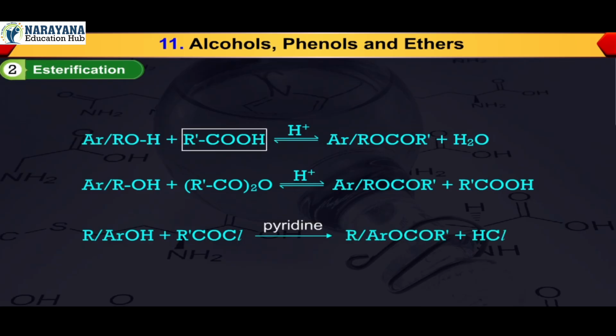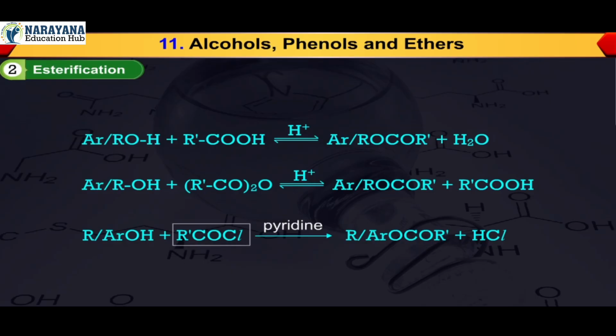The reaction with carboxylic acid and acid anhydride is carried out in the presence of a small amount of concentrated sulfuric acid. The reaction is reversible, and therefore water is removed as soon as it is formed.